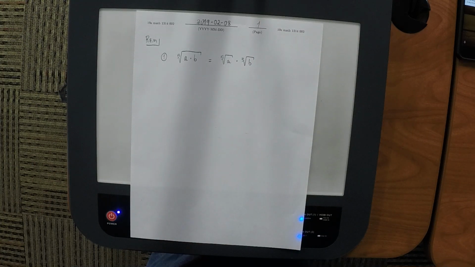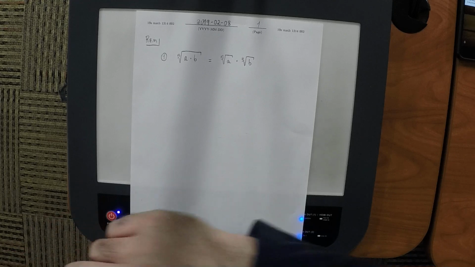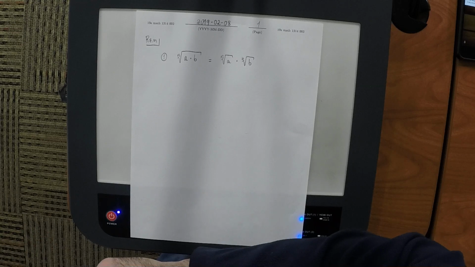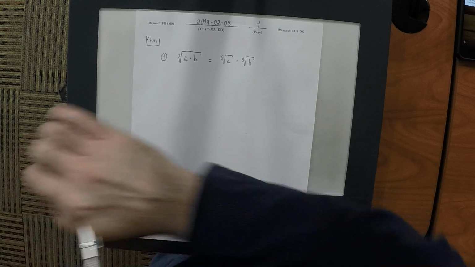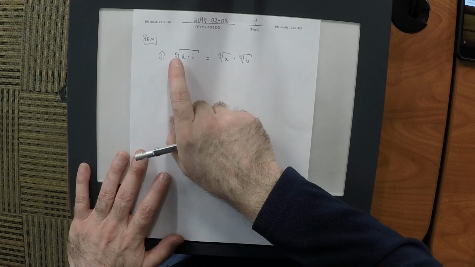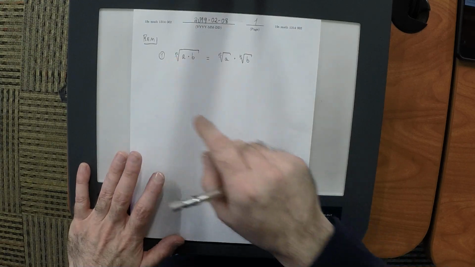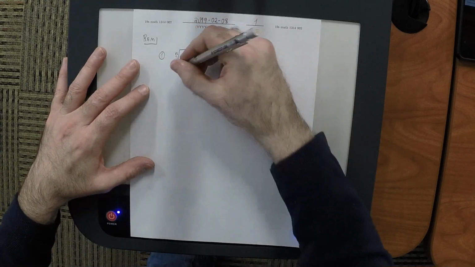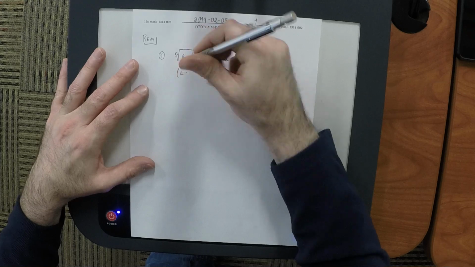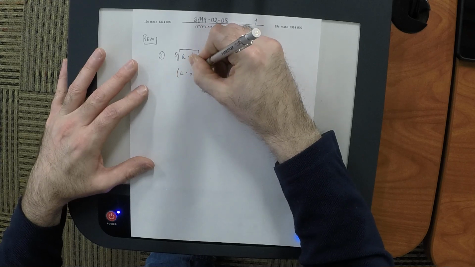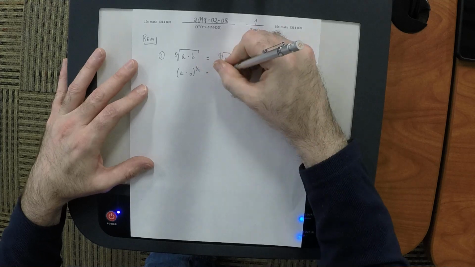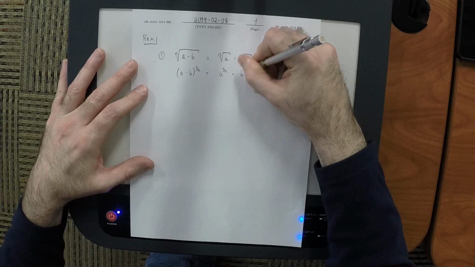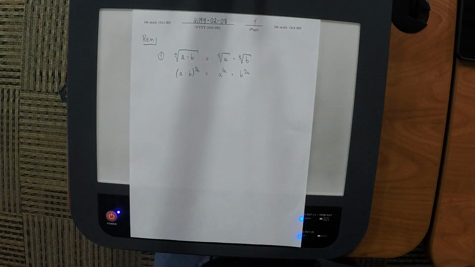Now, the reason why that works, and why I claim this should not be surprising, is that we said last time that nth root means exponent 1 over n. That's its meaning. So that statement is the same as this statement. So then we have a to 1 over n, b to 1 over n, like that. So that's good.